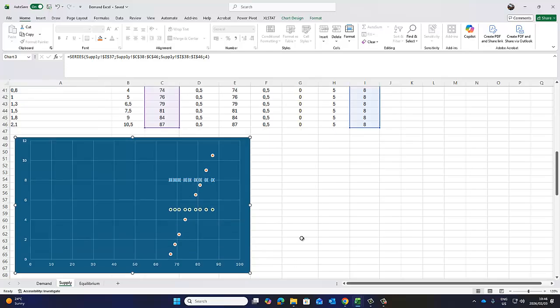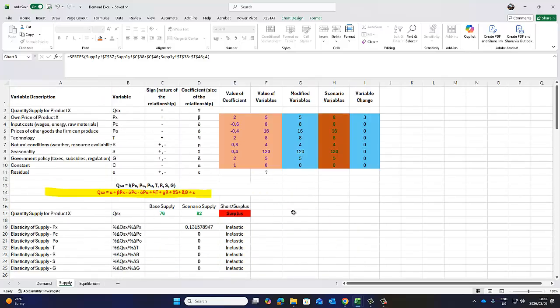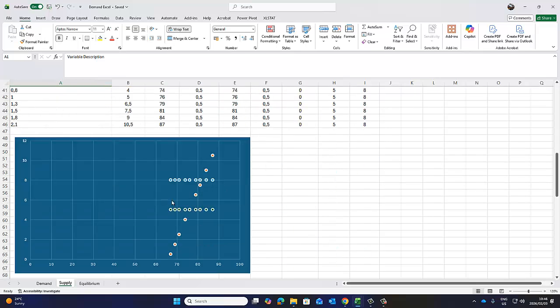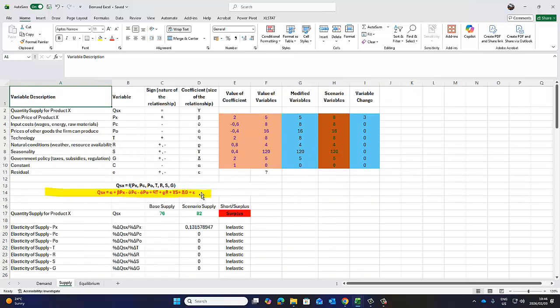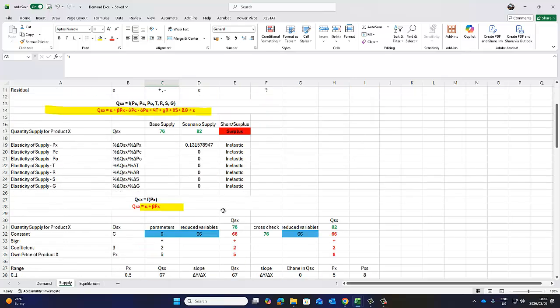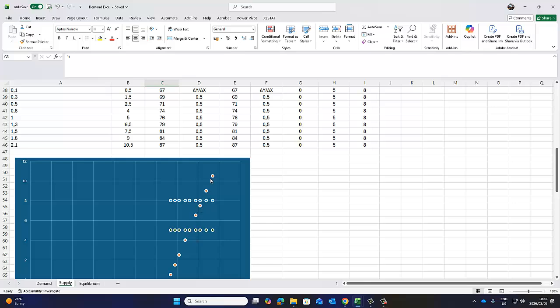So there's my supply side function. I set it up exactly the same as the demand side, just working on the supply side. The big issue obviously is that the sign of the own price now becomes positive and not negative, so that the supply curve is upward sloping. It's positive sloping. It's not downward sloping.